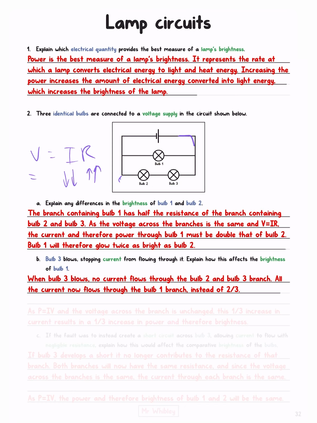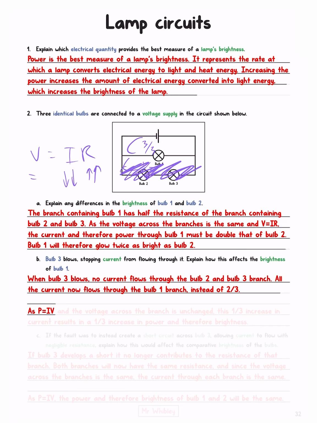Because this bottom branch had double the resistance, that means we had 2/3 flowing through this branch and 1/3 flowing through this branch. With this branch now out of action, we now have 3/3, or in other words, the entirety of the current.